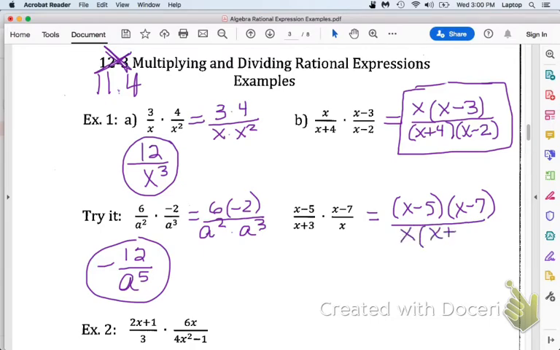I just went ahead and rearranged the order of the monomials or the polynomial on the bottom because it's just easier to show that x in front of the parenthesis instead of behind it. Again, nothing to simplify. We can't factor out an x in the numerator. So if we were thinking of excluded values, we would not want a -3 and we would not want a 0. But this is our final answer.